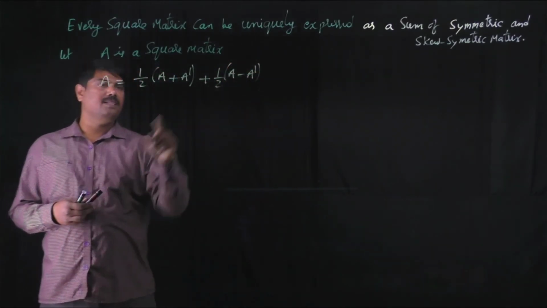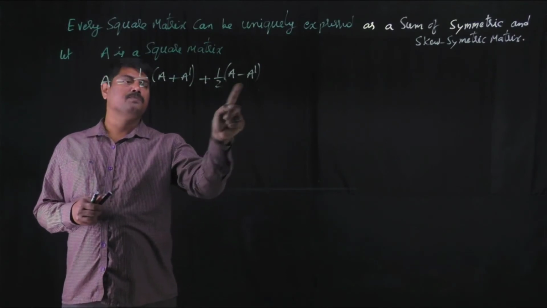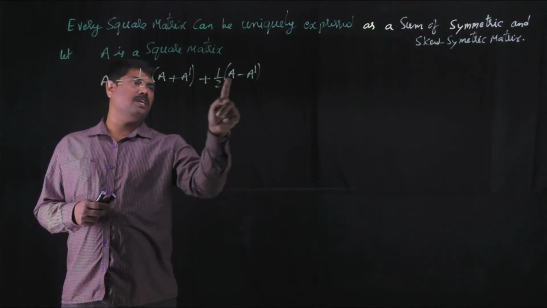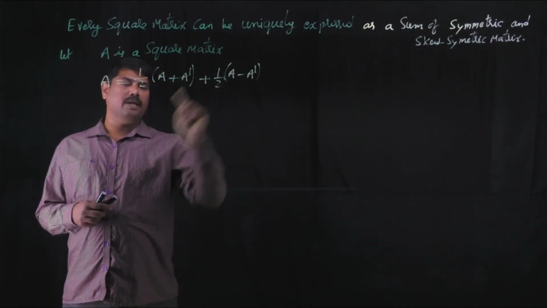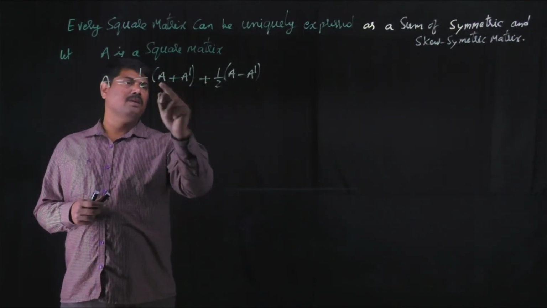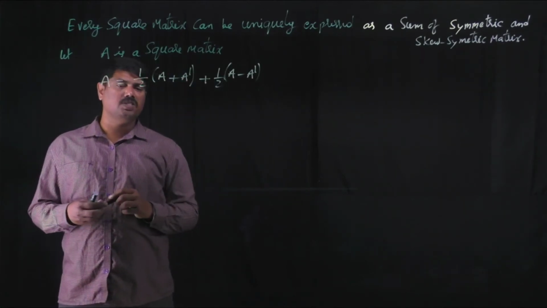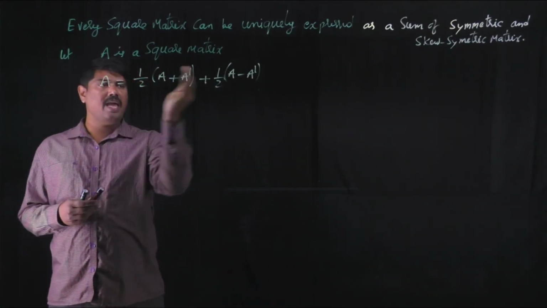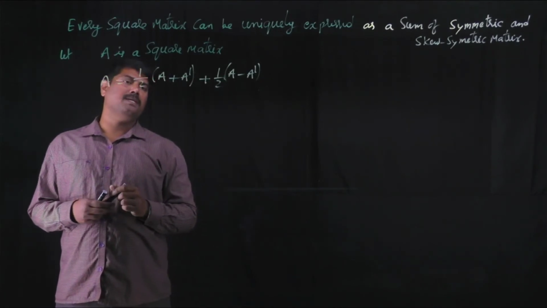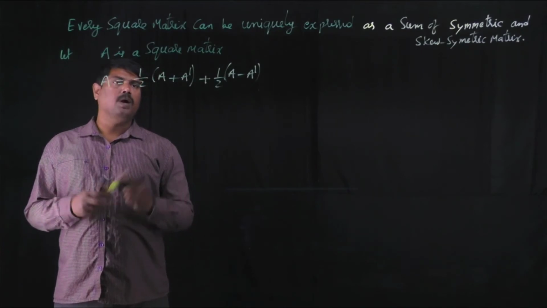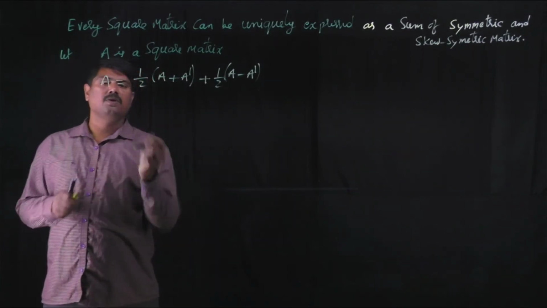If you simplify the RHS, take 1 by 2 common: A plus A dash plus A minus A dash. A dash minus A dash both get cancelled. A plus A, you can write as 2A. Half into 2A is A. So you can write A as 1 by 2 into (A plus A dash) plus 1 by 2 into (A minus A dash).